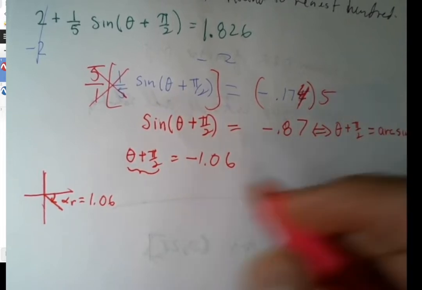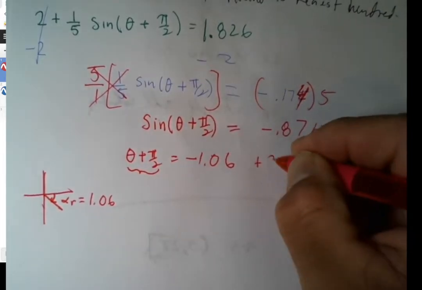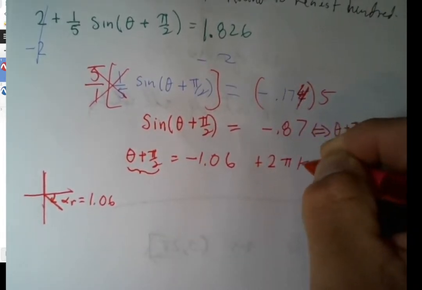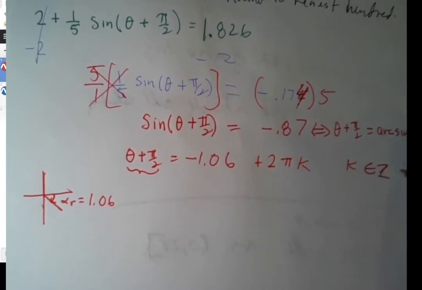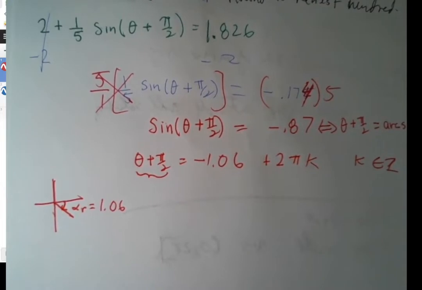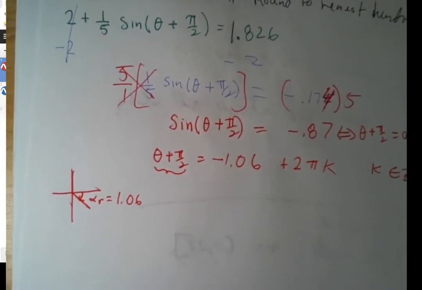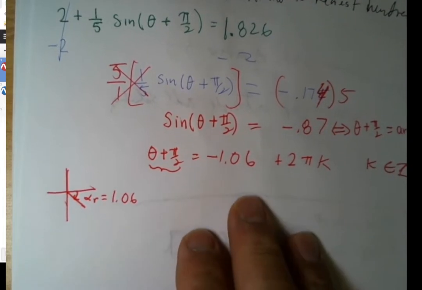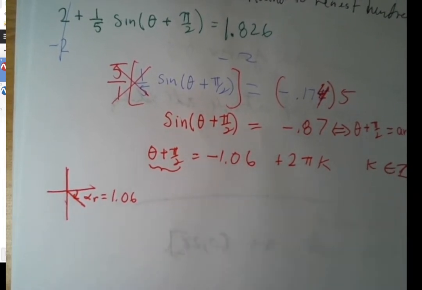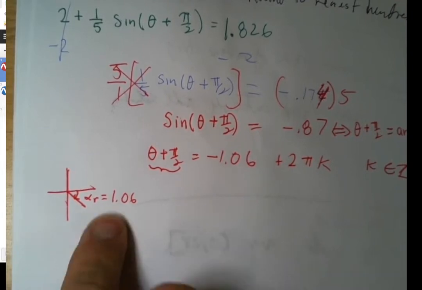So that's going to happen every 2 pi k, where k is some integer. So the alpha reference, but where else is it negative? Now notice here, I'm not going to worry about making this negative or positive. It's all going to come out when I plug in values for k. So I'll just leave it at that.